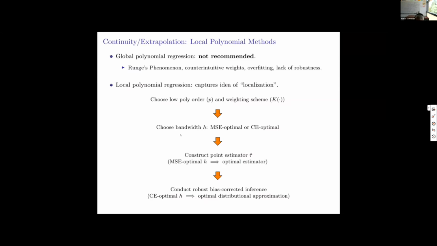And so the way that the procedure typically works is you choose the desired order of the polynomial, you choose some weighting scheme, sometimes it's called a kernel, and given these two characteristics, then you go ahead and choose a bandwidth that purposely discards a lot of observations and zooms into a nearby region of the cutoff point.